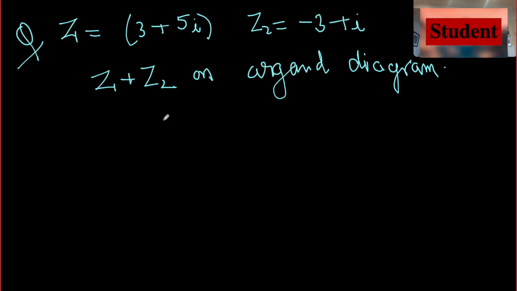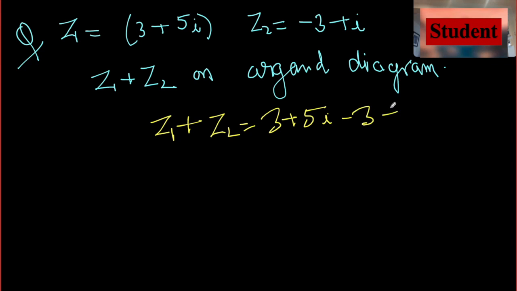Okay, let me do this one. You have to do Z1 plus Z2 first, and that is equal to 3 plus 5i, minus 3 plus i. It is just the addition of two complex numbers, and it will give you 0 plus 6i.